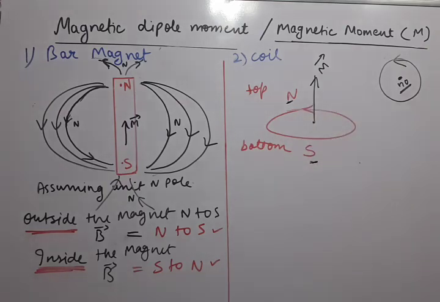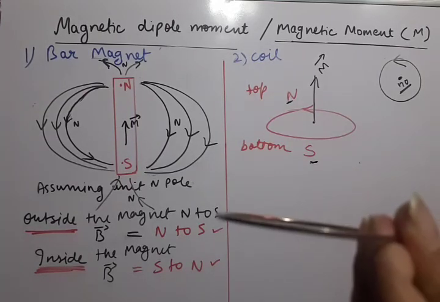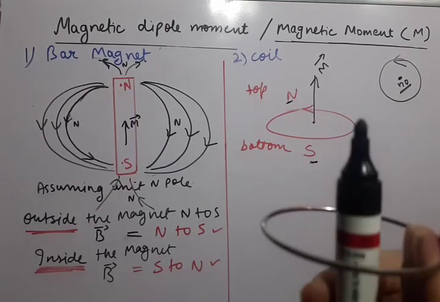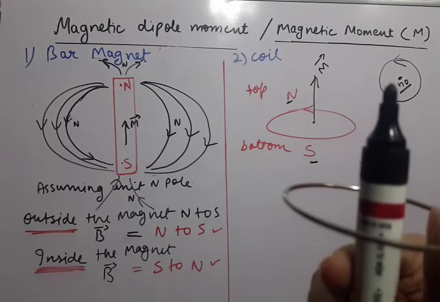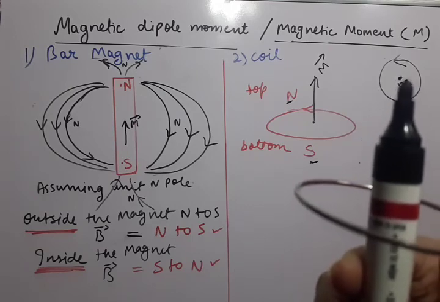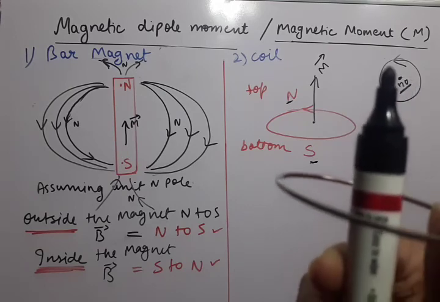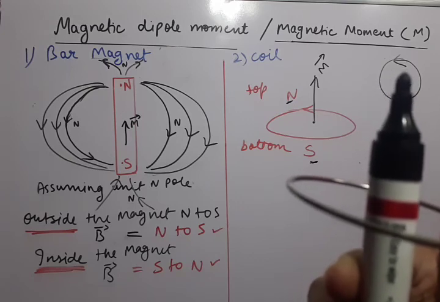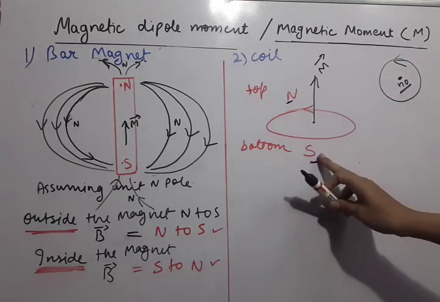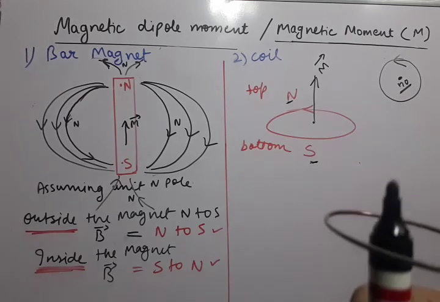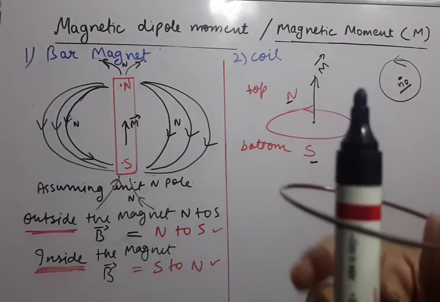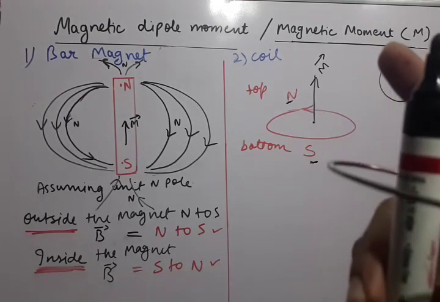Okay, so in this circular coil, the magnetic moment is the line perpendicular to it and crossing it from the center. So if the bottom side has S pole, the magnetic moment will go from bottom to top, that means upward.